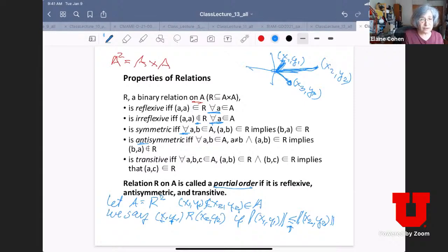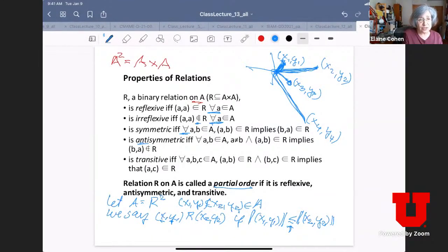Is it transitive? Well, the answer is yeah, kind of. So we have if the distance from (x1, y1) to (x2, y2) is related, and (x2, y2) to (x4, y4) is related, then you can see that this distance is shorter than or equal to that distance.